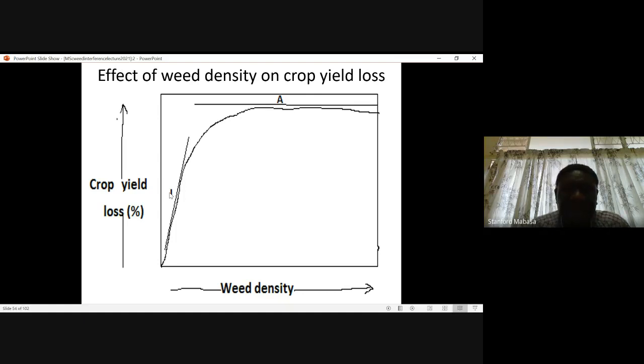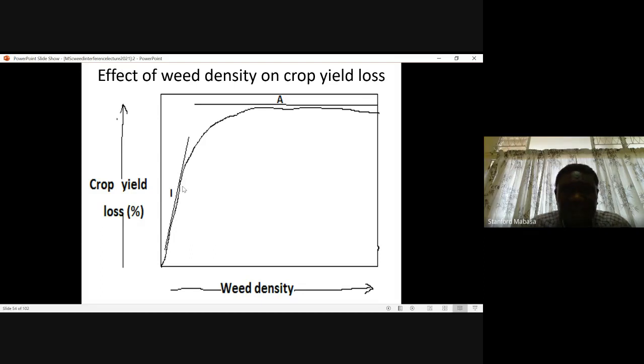Remember, we are using one weed species in a competition study to come up with this kind of a curve. What it means is that if we carry out this study using various weeds, we can characterize our weeds by these A and I values.